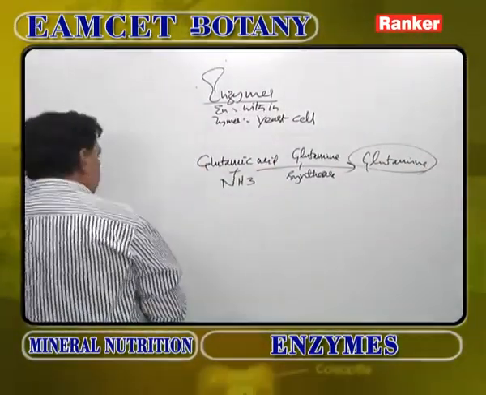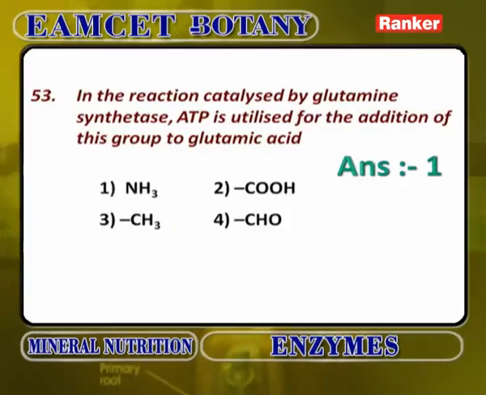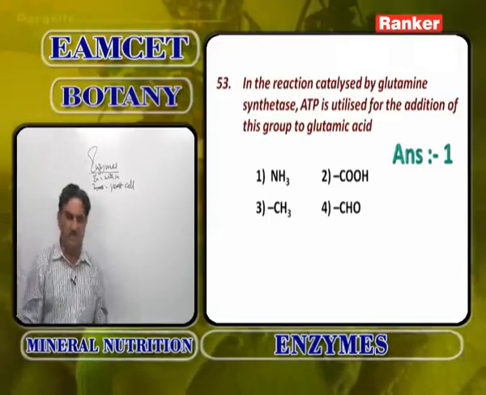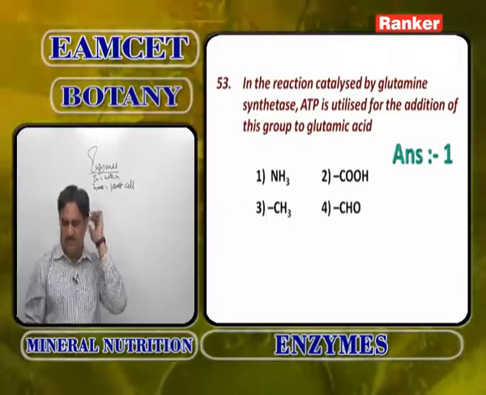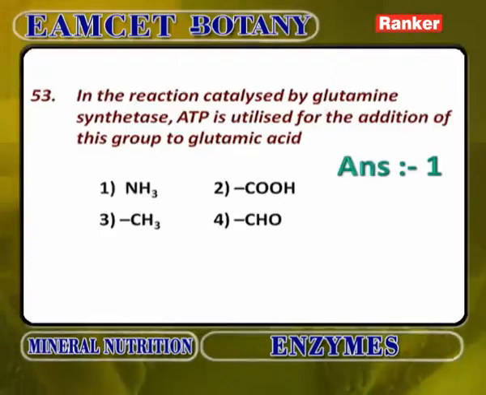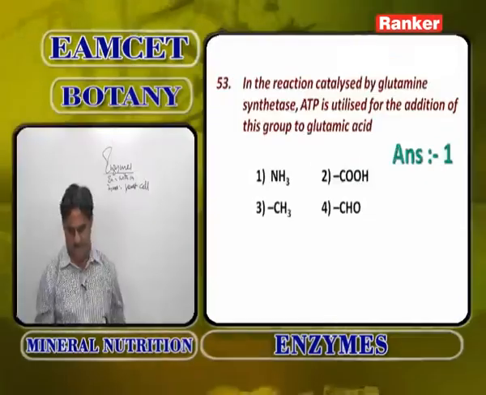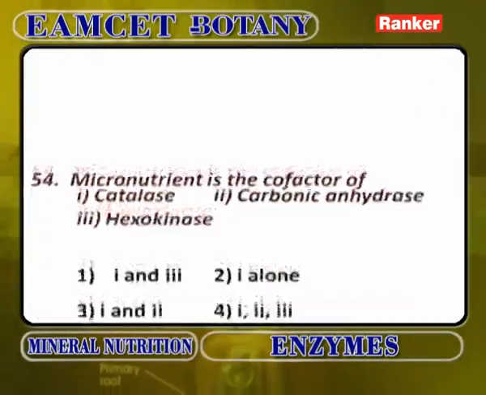It comes under the category ligases or synthetases. So, here ATP energy is utilized to produce new bonds. The group added to glutamic acid is the first one, not carboxyl or methyl or aldehyde group; ammonium is to be added.